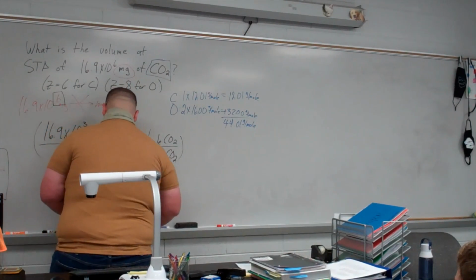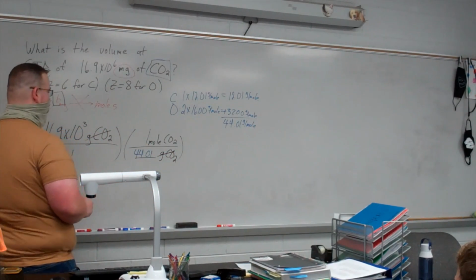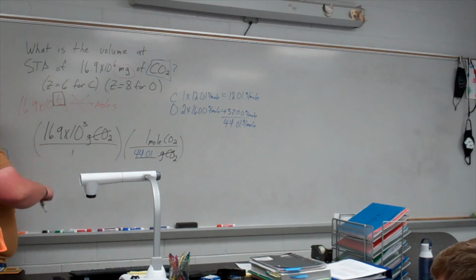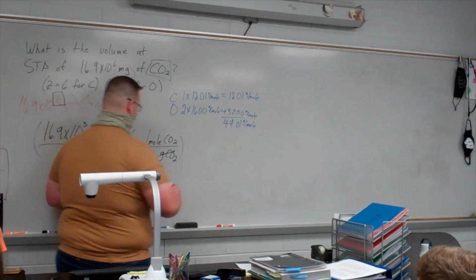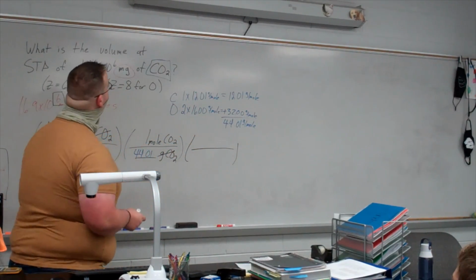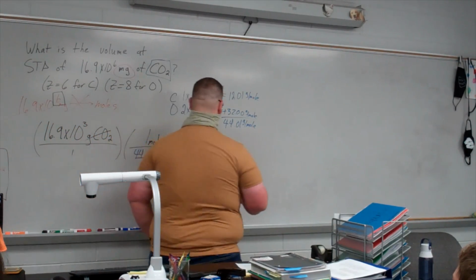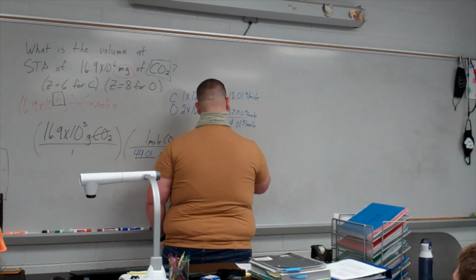At this point, we now have grams of carbon dioxide canceled. So now we step to the next conversion. We're at moles. What are we asked to end with? Volume. So what's the volume got to be in? So liters of carbon dioxide.